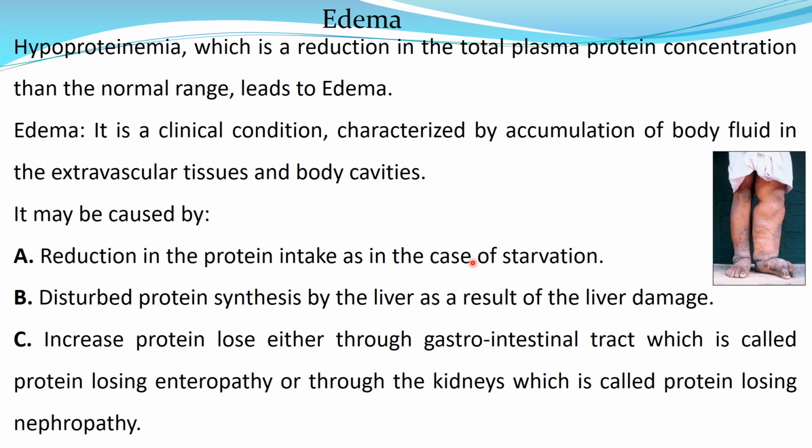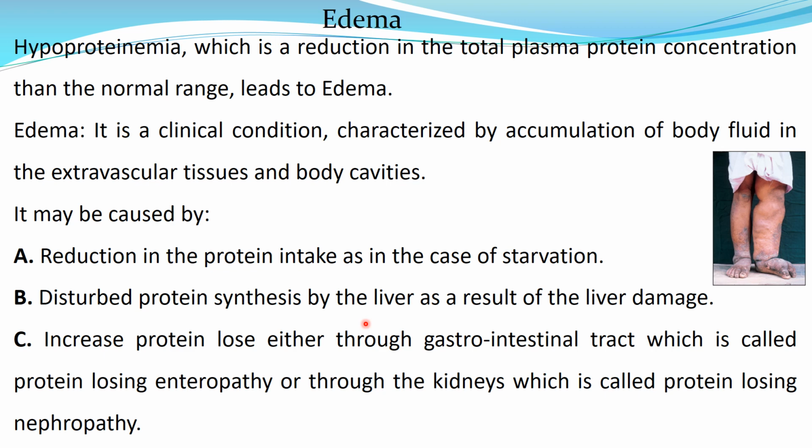So during famine, or when there is a reduction in the resources of protein, this might lead to a reduction in the level of the plasma proteins, and this might end up with edema.